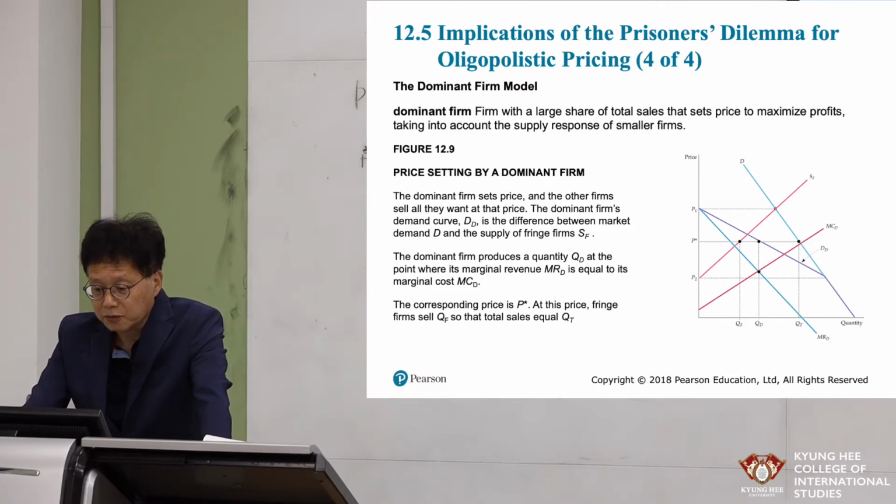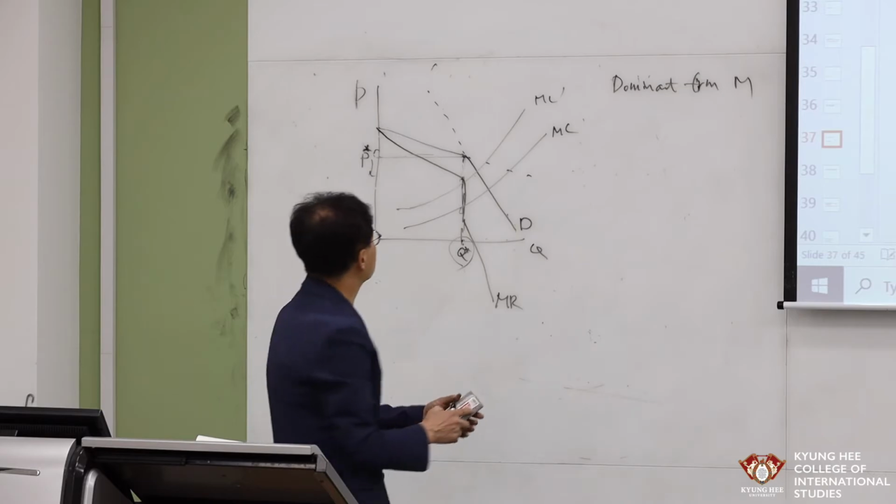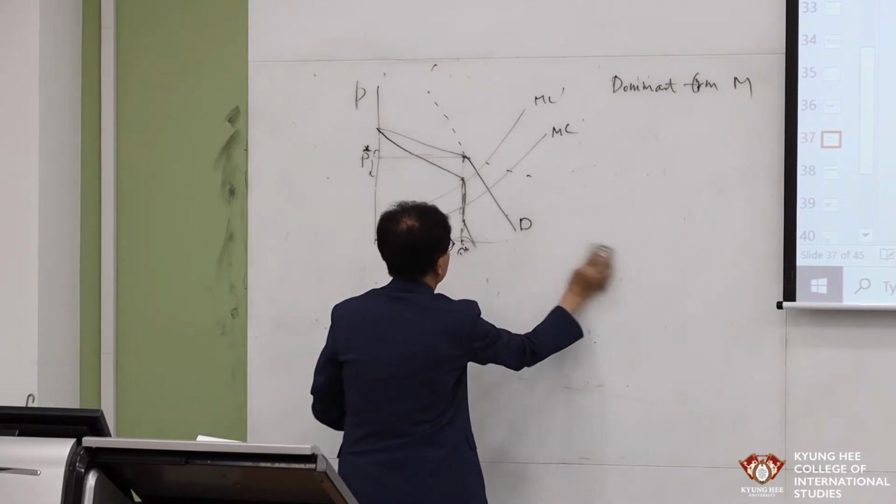The dominant firm produces a quantity QD at the point where its marginal revenue is equal to marginal cost. The corresponding price is P star. At this price, fringe firms sell QF so that total sales are QT. So, okay, I'd like to graph this one.